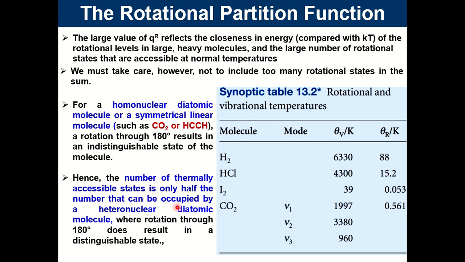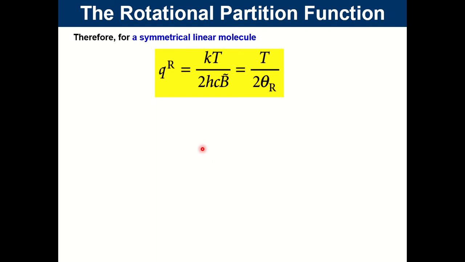So we define here, such molecules, linear molecules such as all homonuclear diatomic molecules, or molecules like CO2 or ethyne, each one of which on rotation gives two equivalent configurations within 360 rotation.